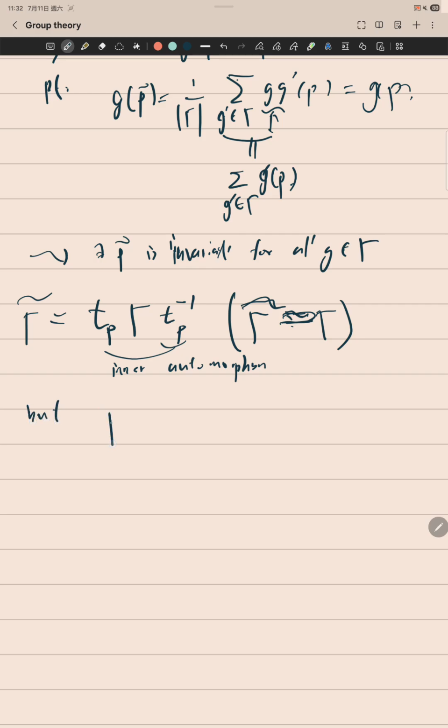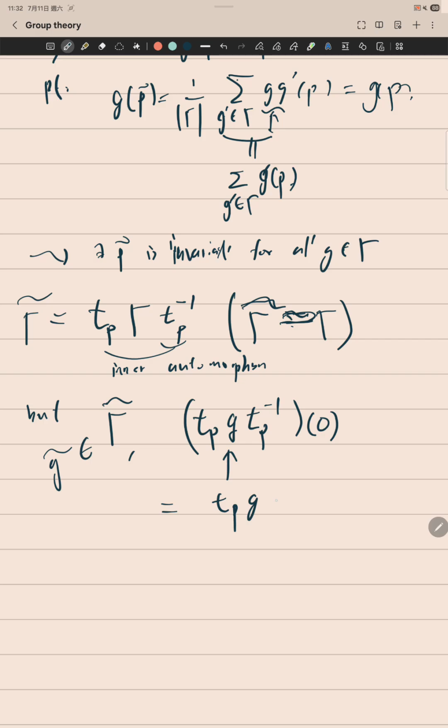But any element in gamma, if you take, let's say, G tilde in gamma, it's basically written as T_P G, based on the original G, and T_P inverse. When you apply it on 0, then it becomes T_P G. Maybe I do this here. Okay, then it becomes P, right?